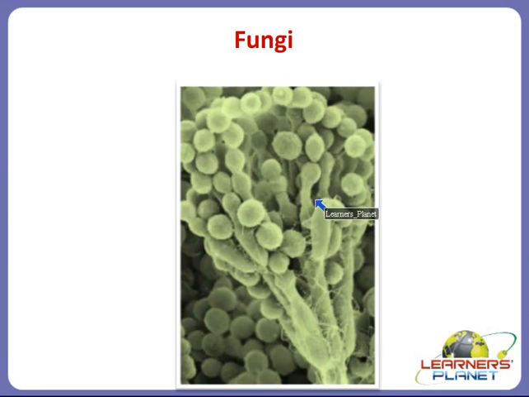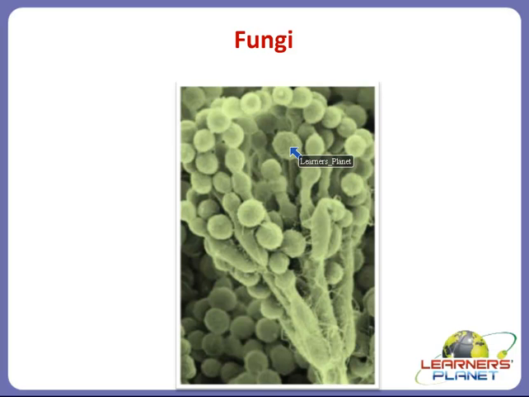Then fungi. As you can see the structure of the fungi, these round-like structures possess tiny structures inside them, that is, spores. When they burst open, the spores are dispersed by wind and scatter in all directions.